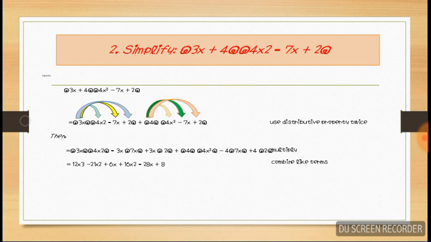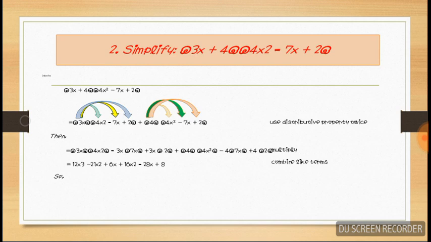Now let's combine the like terms. Since negative 21x squared and positive 16x squared are like terms, we will write them down, also with 6x and negative 28x.